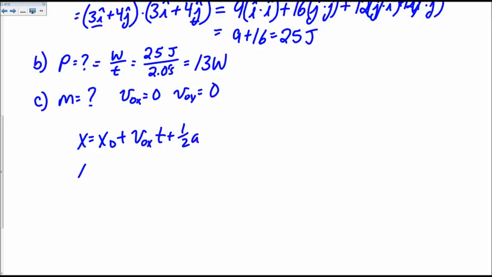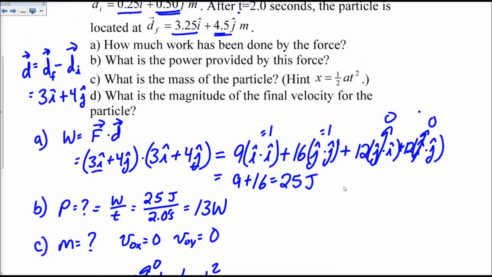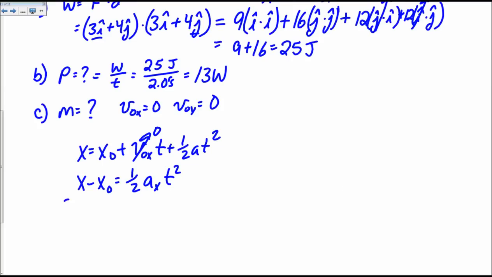Here, v naught x we've already said is 0. I can say x minus x naught equals 1/2 ax t squared. Now I know x and x naught. That's 3.25 minus 0.25 equals 1/2 ax, and t was 2 seconds, 2 seconds squared. If I solve, ax is equal to 3/2 meters per second squared.